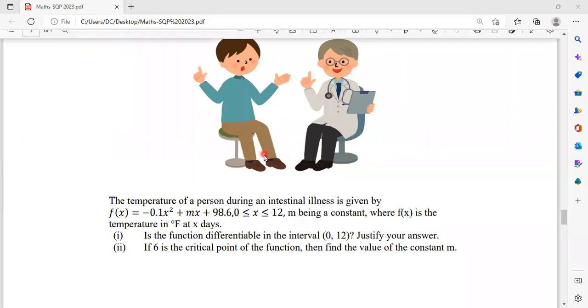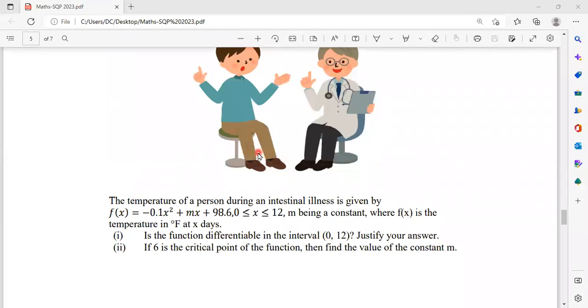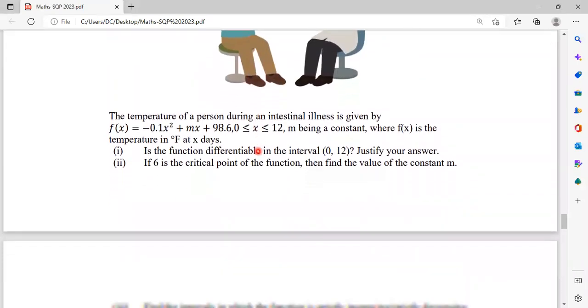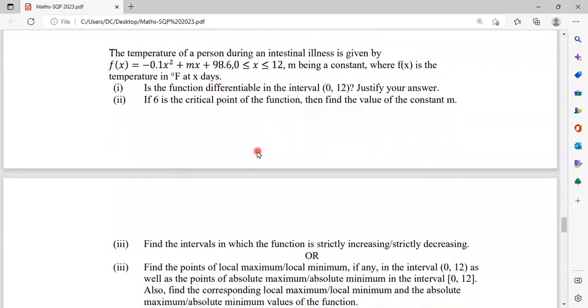And for part 2: if 6 is a critical point of the function, find the value of constant m. We know for the critical point, we have to find f'(x).